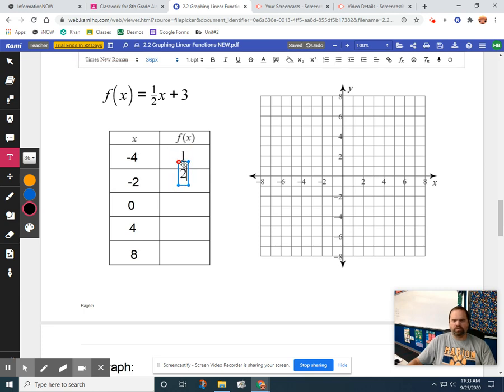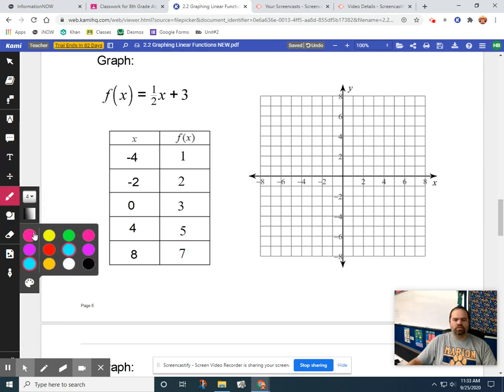The outputs are 2, 3, 5, and then 7. All right, drawing tool, pick a color. (-4, 1) here, (-2, 2) there, (0, 3) there, (4, 5) is up here, and (8, 7) right there.